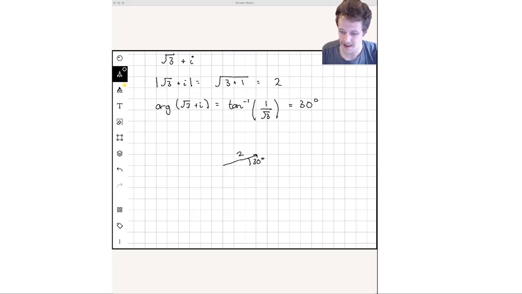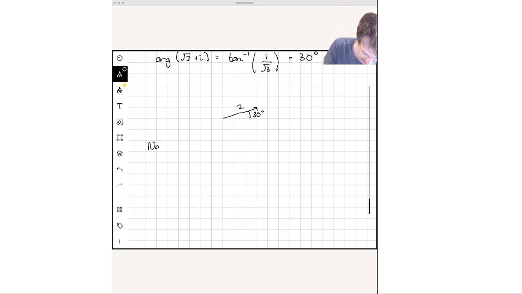So, the important thing we now should talk about is, can I have a negative argument? And the answer is yes. So far, we have thought about the argument as being the angle we make to the positive x-axis. So we go around this way.